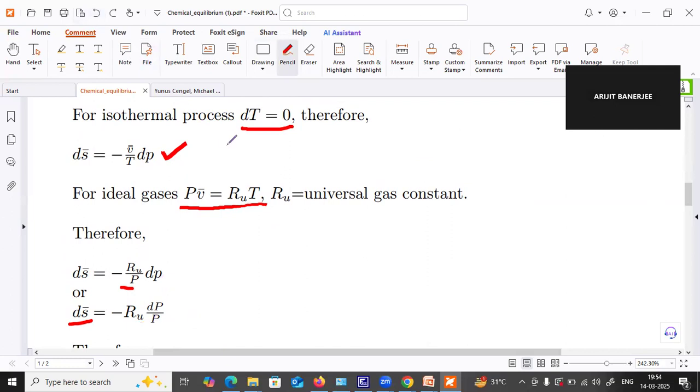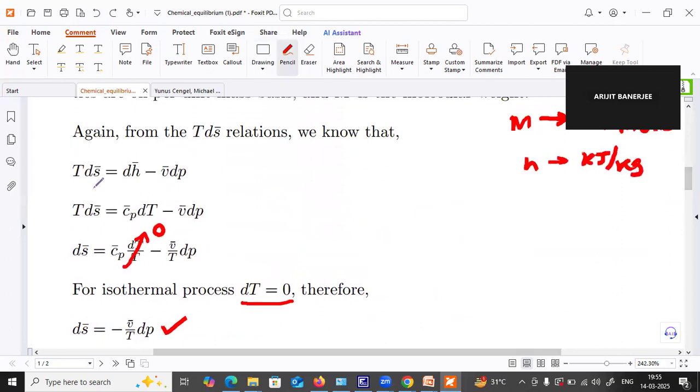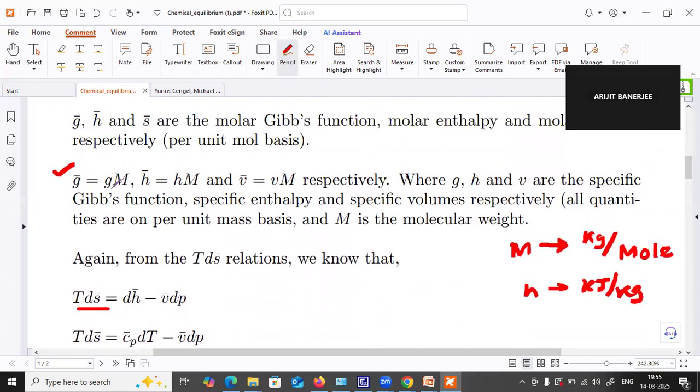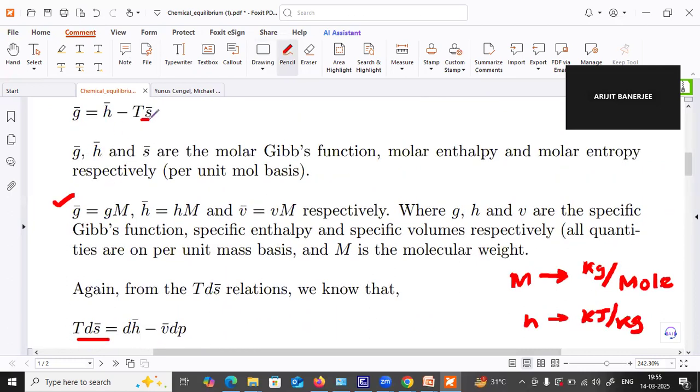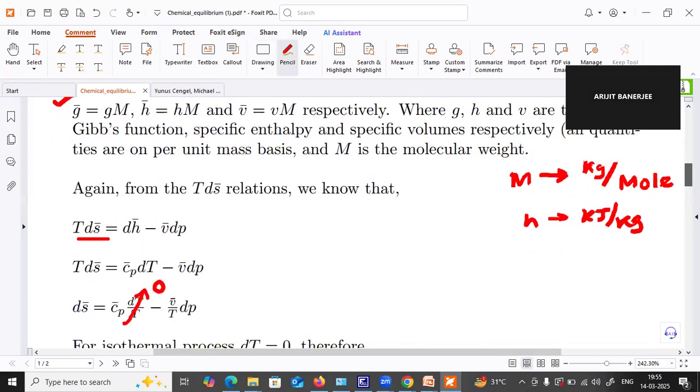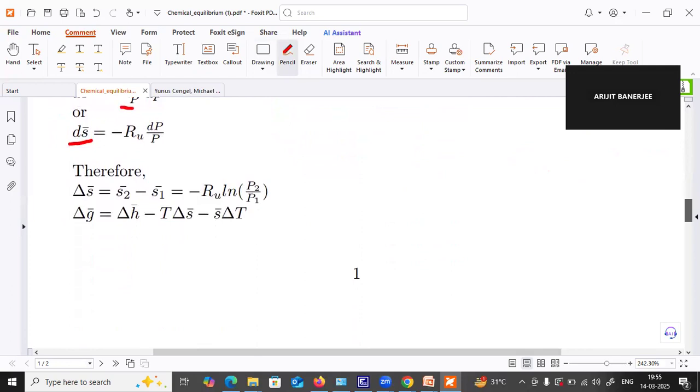We see that ds is equal to this. Why are we considering this? Because in the Gibbs function, we have basically ds, so ds we have to calculate. That is why we are calculating this. Everything should be understood and followed properly. Now, if I integrate this, ds is a differential change, so we will get a change from the reactants to products, that is, for the chemical reaction.